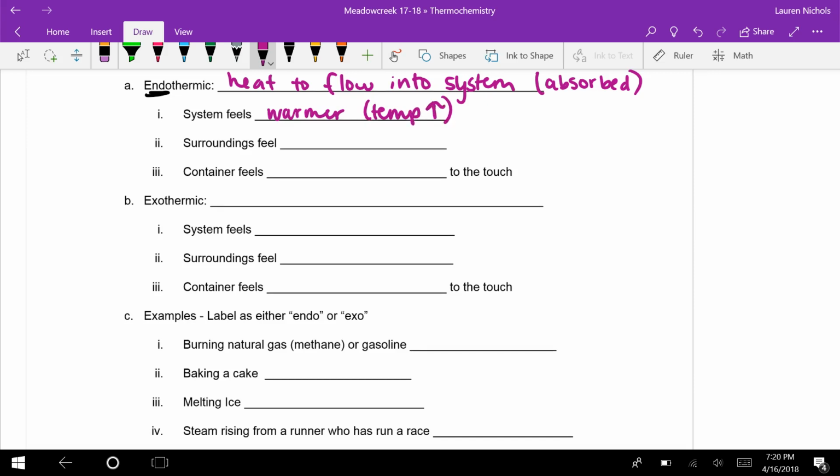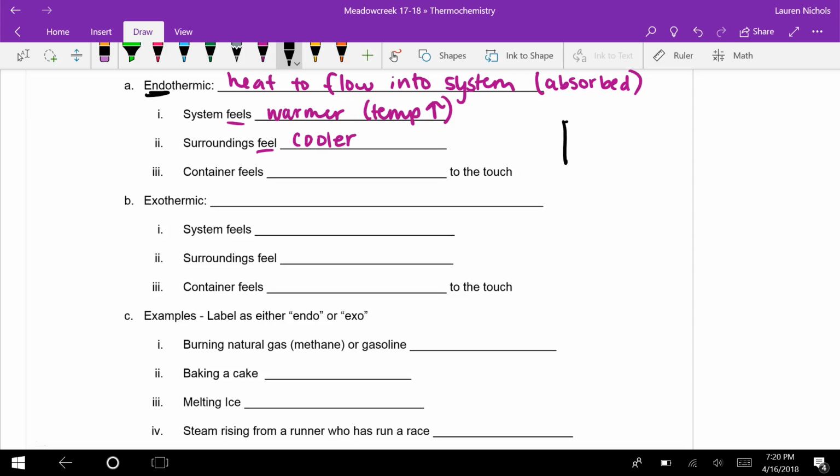Now, because we're using the word feels, we can use the words warmer and cooler, but remember there's no such thing as cold. Heat is moving in and out, but there is no such thing as cold. So the surroundings feel cooler because heat has left the surroundings to go into the system.